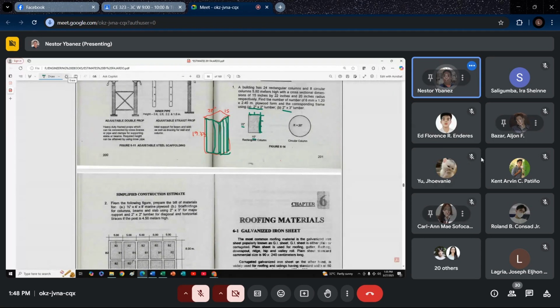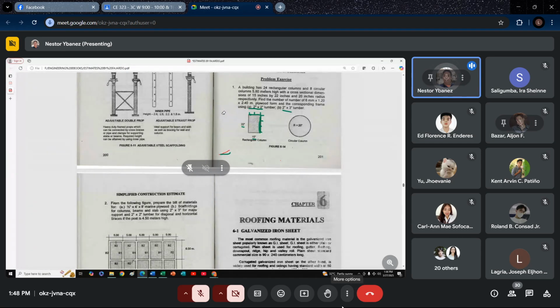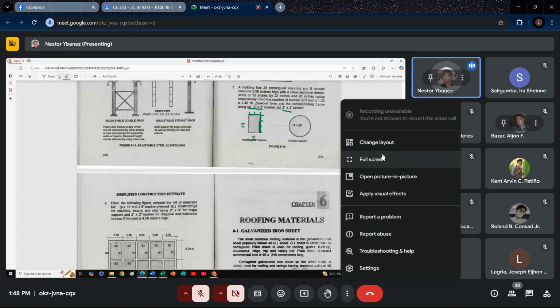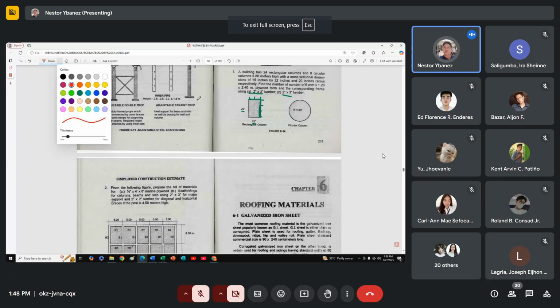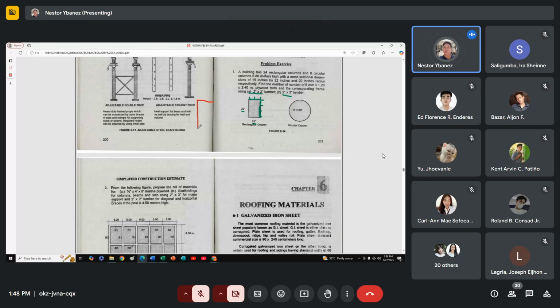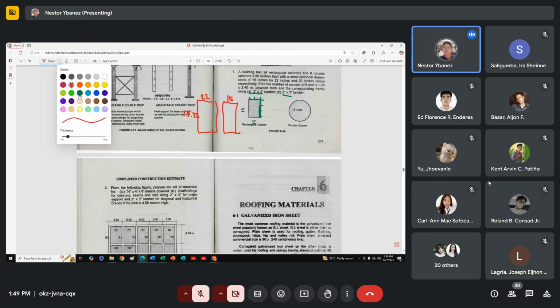For the estimate, one side is 22 inches, the other is 15 inches, and the height is 19.33.